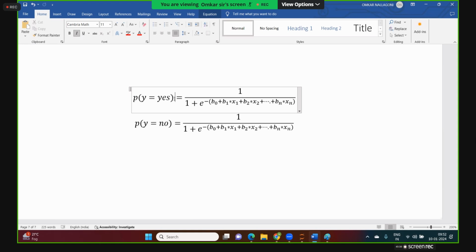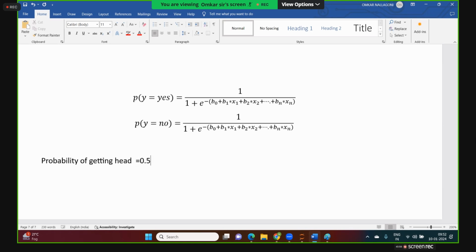No, 1 by 2, correct. That is the chance of head or tail. Suppose you are saying head, the probability of getting head is equal to 0.5.